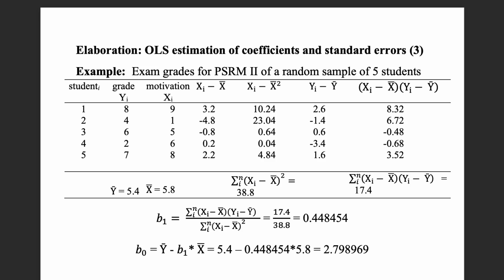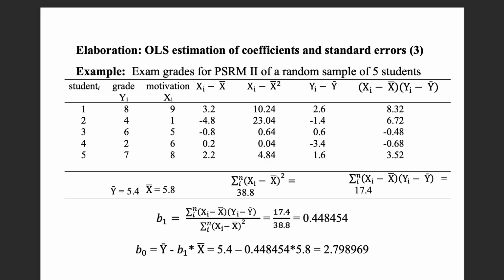And hopefully you will find that the values that SPSS gives you for B1 and B0, for the constant and the coefficient of motivation, are exactly identical to the ones that we are calculating by hand here. So if the world ever goes completely down the drain and our computers stop working, we can still solve regression models in our case manually. What a thing to look forward to, right?